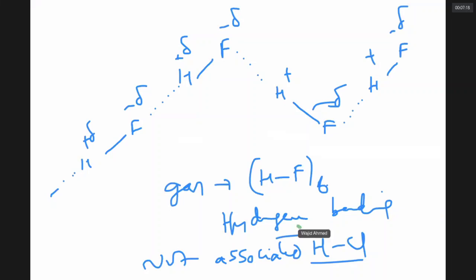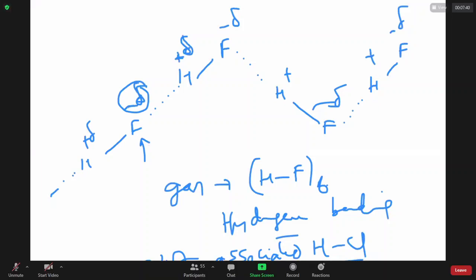The hydrogen bonding means the attraction between the minus delta of one molecule and the plus delta of another molecule through hydrogen plus delta. Most electronegative fluorine makes the negative charge on it more and makes the positive charge on hydrogen more.